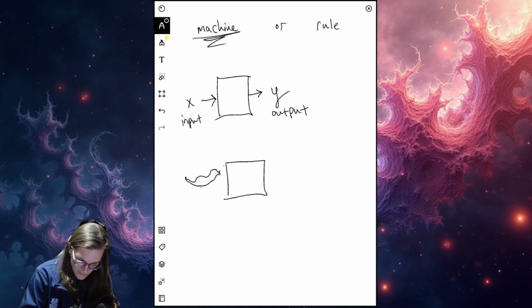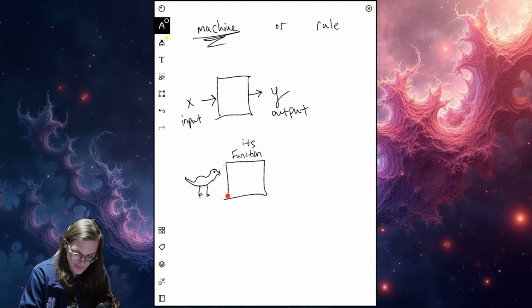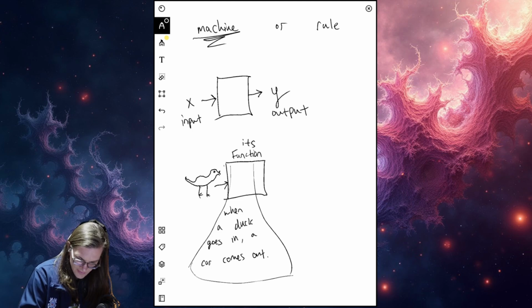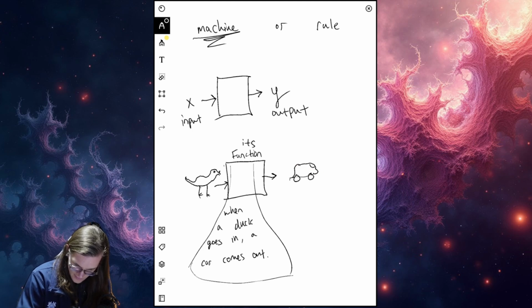Sure. If you have a machine, and what the machine does, its function, is this: when a duck goes in, a car comes out. So the duck goes in, guess what's going to come out? It's going to be this nice vehicle right here. Totally normal looking car. There's the exhaust, headlights.